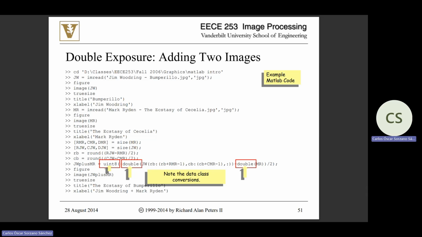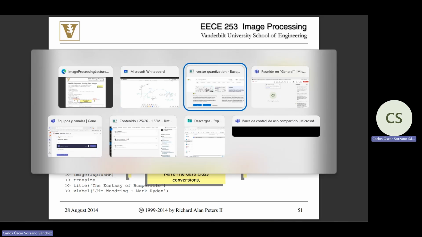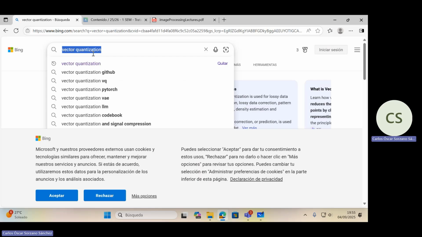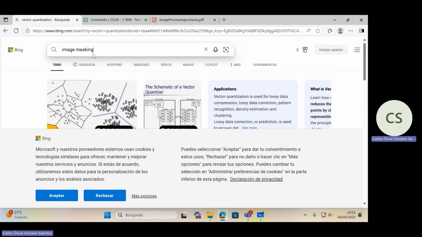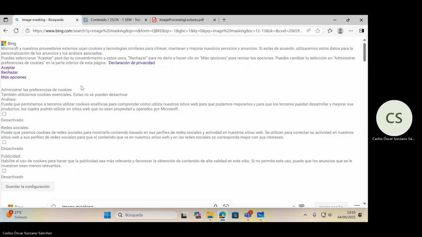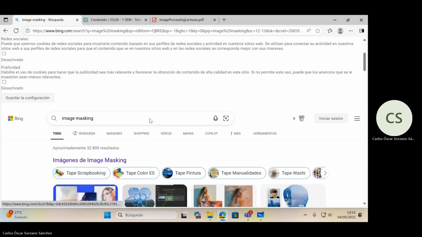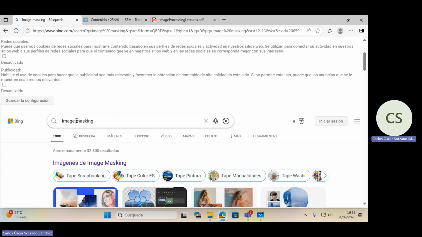And when do you need to multiply? It depends on every problem. For instance, very typically, when you want to put a mask on an image, image masking, say binary masking.